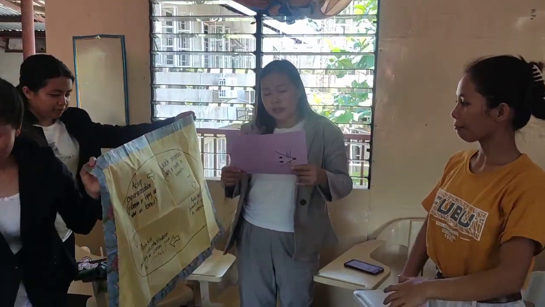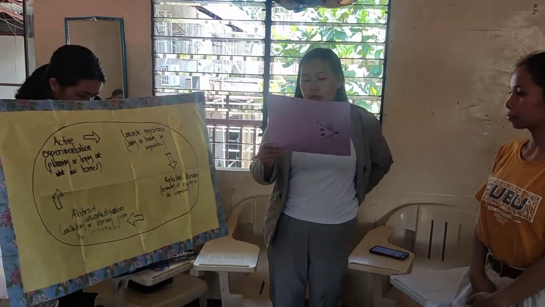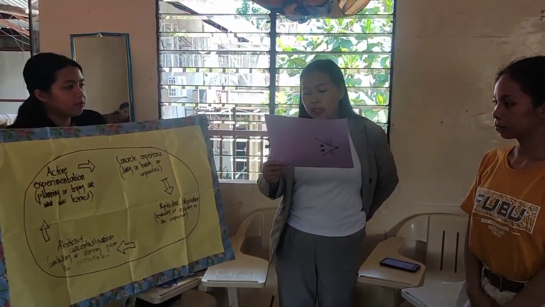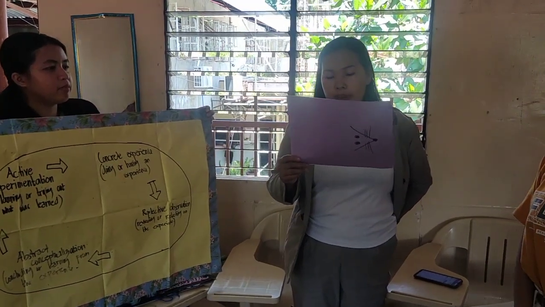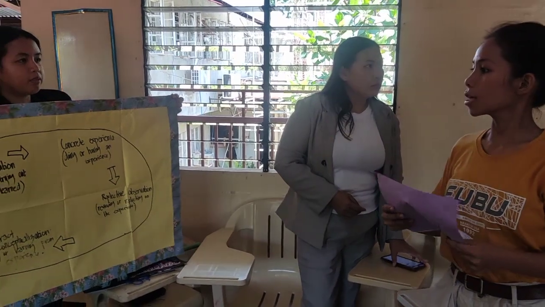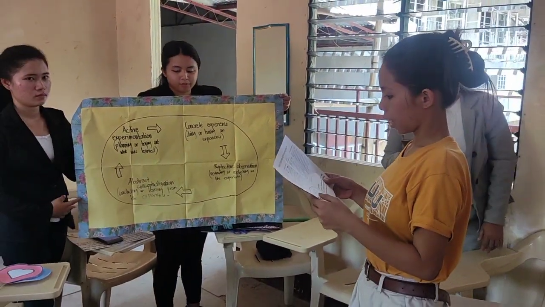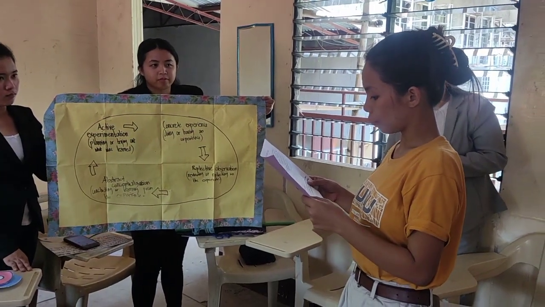Okay, the question is, create an illustration that shows the flow of Kolb's experiential learning cycle and explain each of the stages. So, this is the flow of Kolb's experiential learning cycle. So, first is active experience.